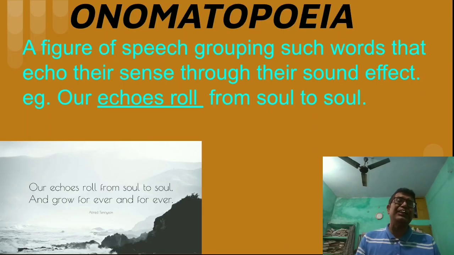Now, finally, I would like to talk about onomatopoeia. This is what I have told you: sound makes the sense. It is a figure of speech consisting of grouping such words that echo their sense through their sound effect. I would like to explain it in an easier way. This is the use of sound words that are similar to the noise, and they represent a rhetorical effect.